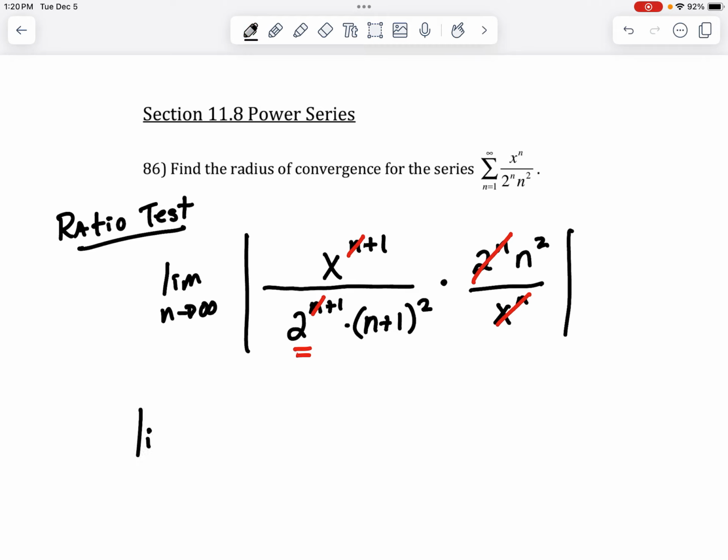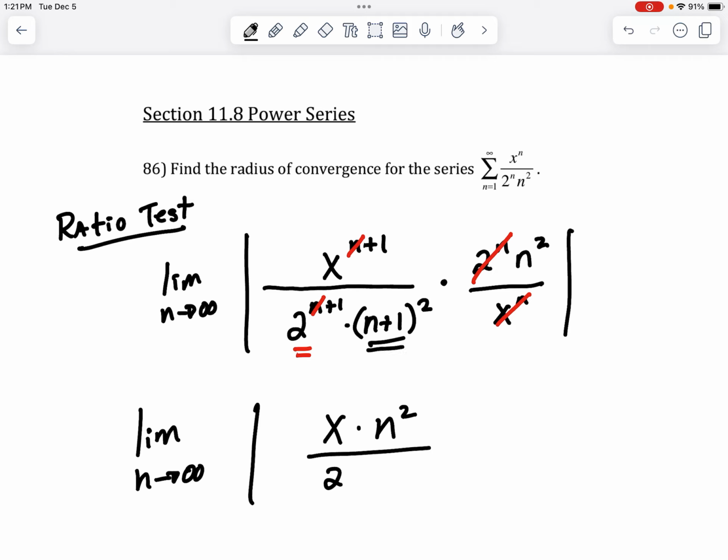So we've got the limit as n goes to infinity. On the top we have a single x and a single n squared. On the bottom we've got a 2, and then if you multiply this n plus 1 squared, that's going to be n squared plus 2n plus 1.